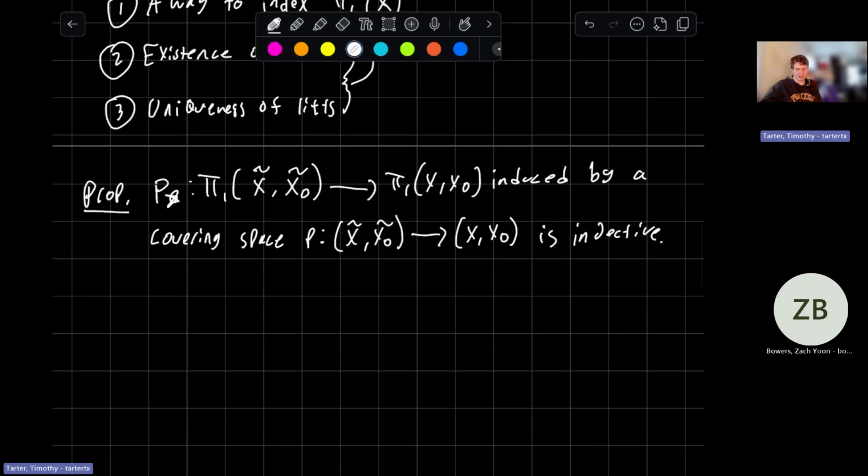That seems like it would be the opposite. It seems like it would be surjective, right? Hmm. Yeah.